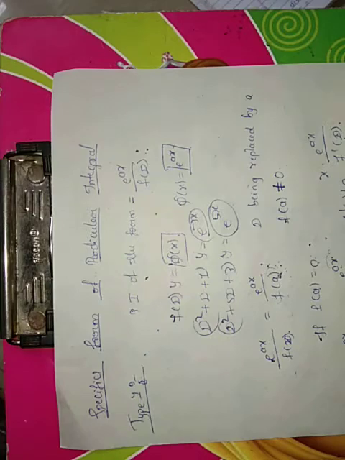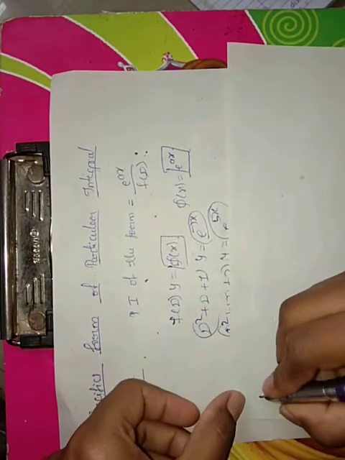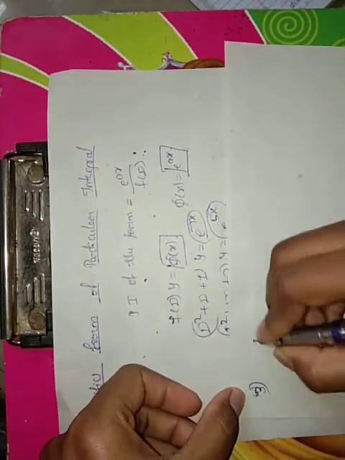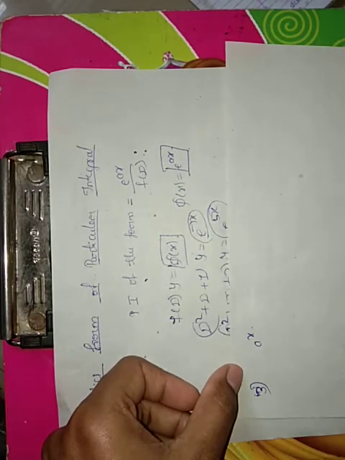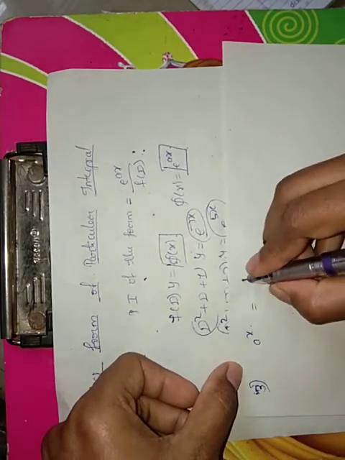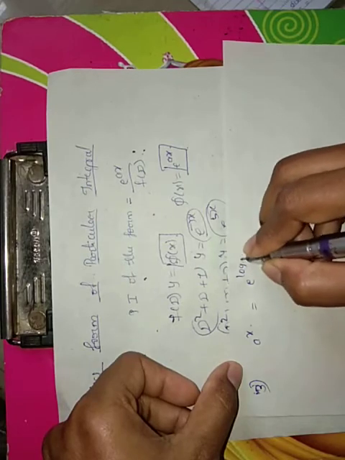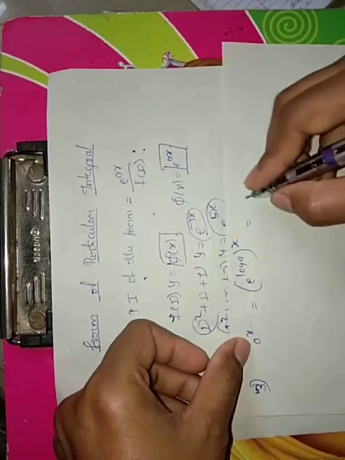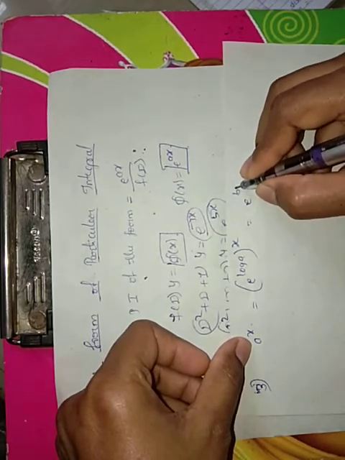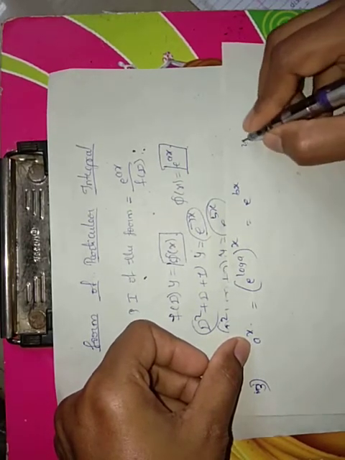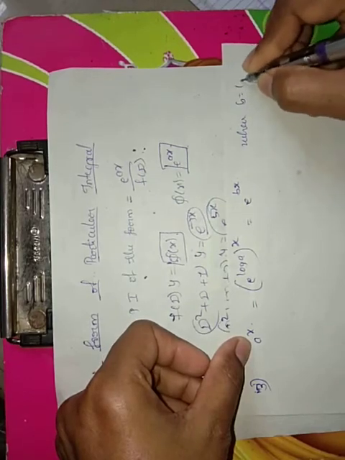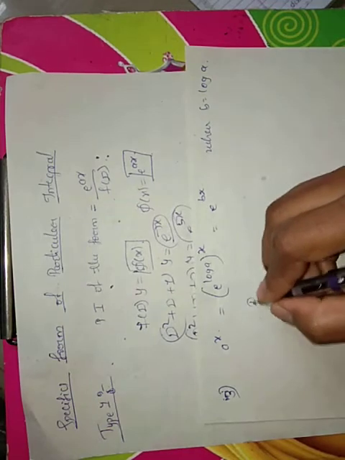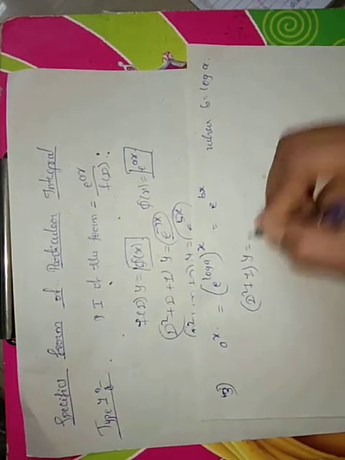So in the next note, suppose the function RHS is in the form a raised to x. So that a raised to x can be written as e raised to log a whole raised to x. Consider log a as b, then it is e raised to bx, where b is nothing but log a. For example, d square plus 1 of y is equal to 3 raised to x.